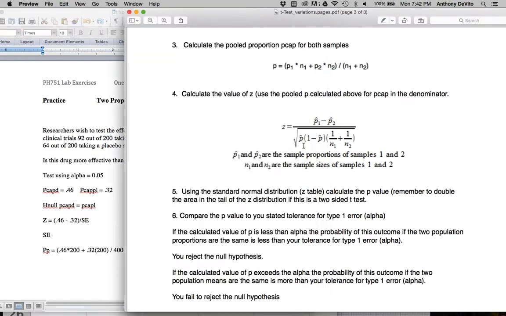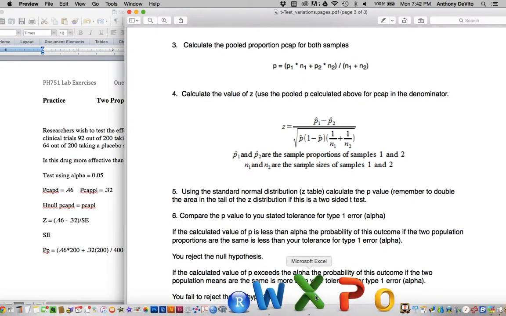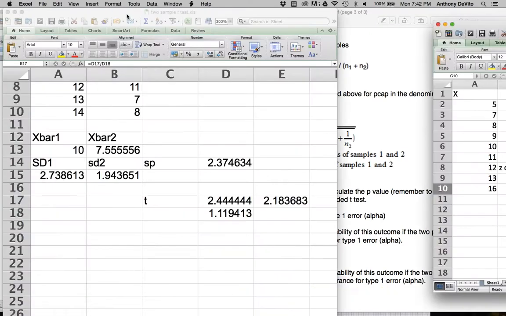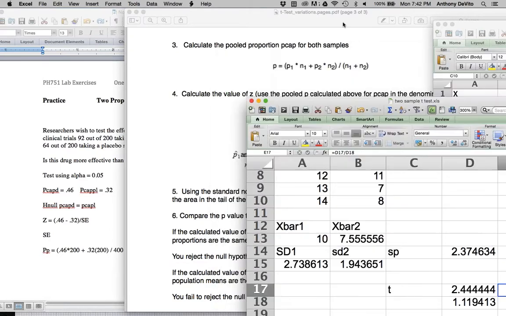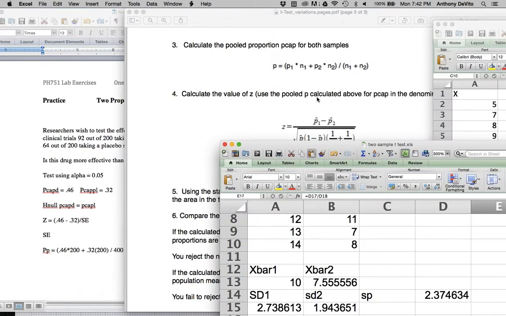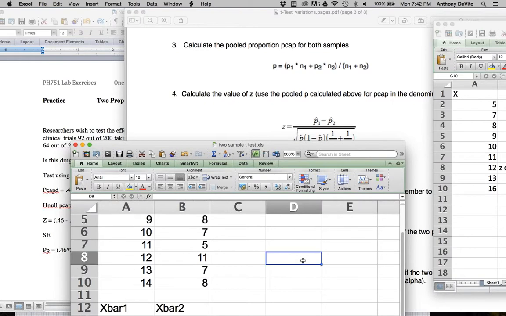Okay, so now I'm going to substitute that into my formula, and I'm going to pull up Excel to make this go a little bit quicker. If you've got to bail out, go ahead and bail out when we get to that point. But I do want to do the last example, which is going to be paired samples.